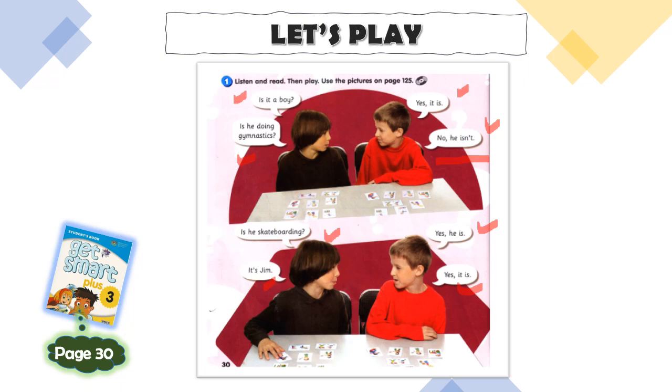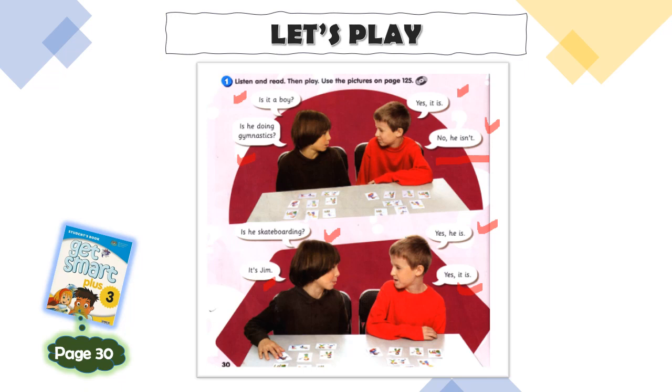Once you've denied the question by answering no, he isn't, then you have to clarify the activity. Okay, for example like this. Is he doing gymnastics? No, he isn't. He's skateboarding. Okay, clarify the activity.